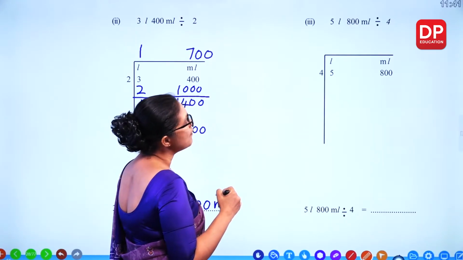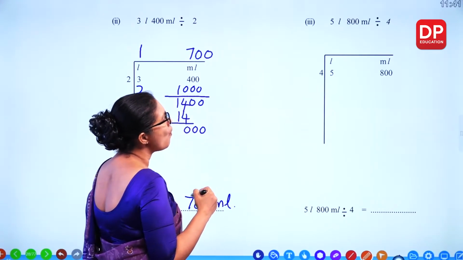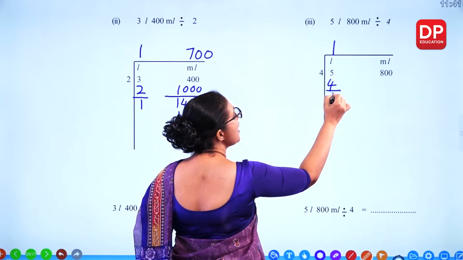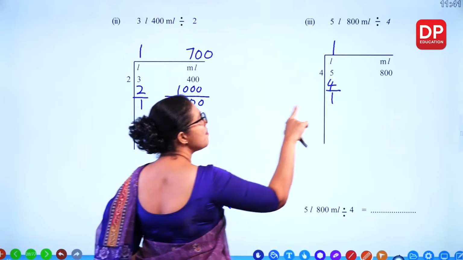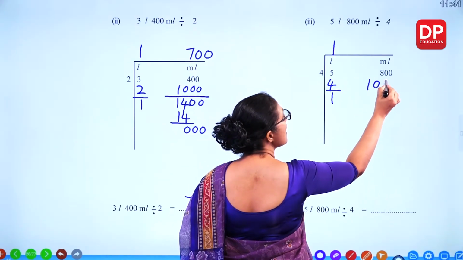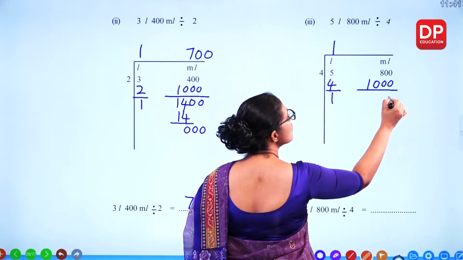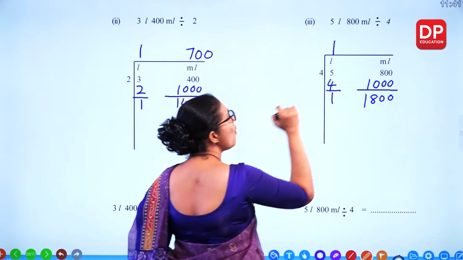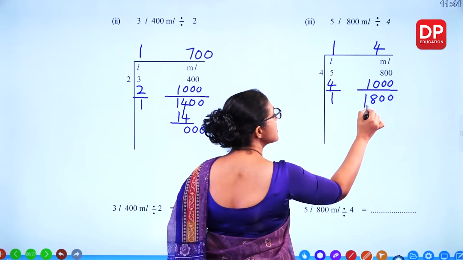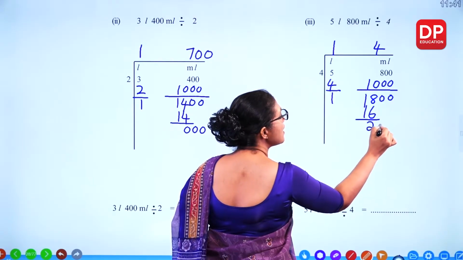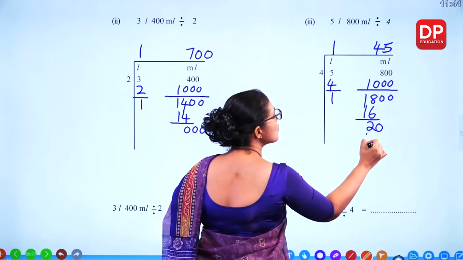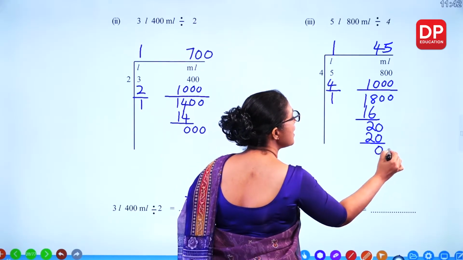This division, 5 liters 800 divided by 4. 4 times 1, 4. Remaining 1. 1 liter remaining means when you take it to this side, that's 1000. So when you add it, that's 1800. Divide by 4. 4 times 4, 16. 2 remaining. For 20, that's 5. So 20 and 0 remaining.